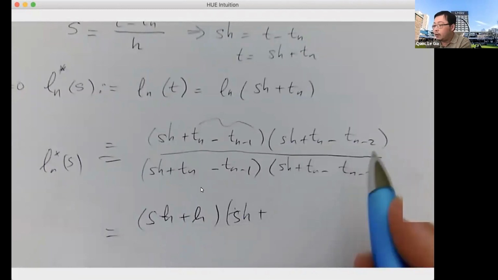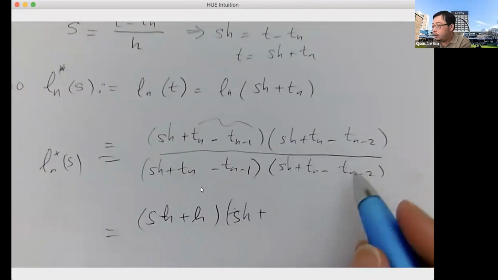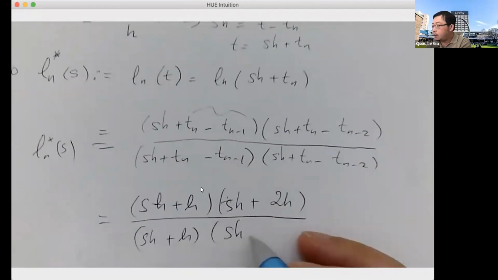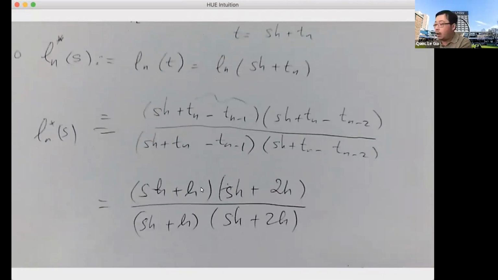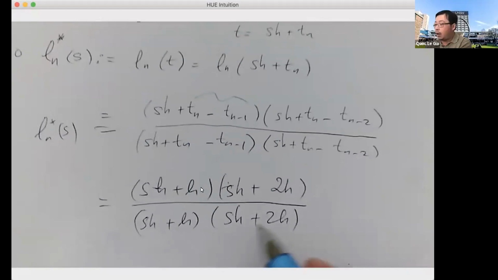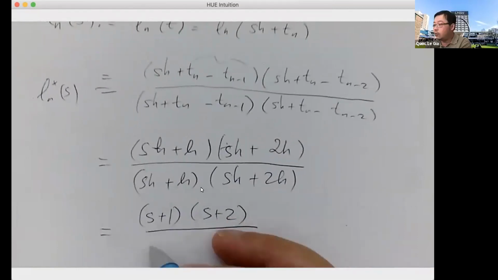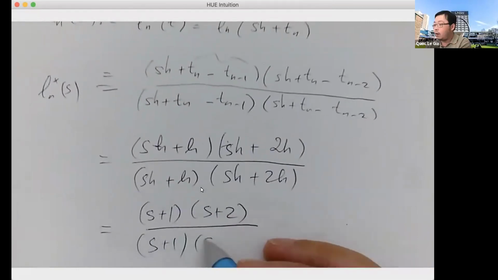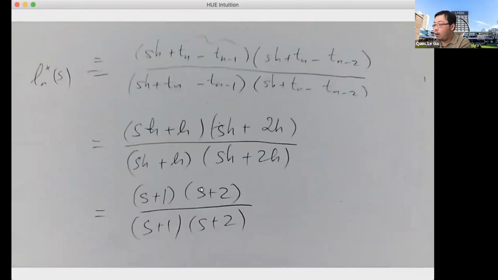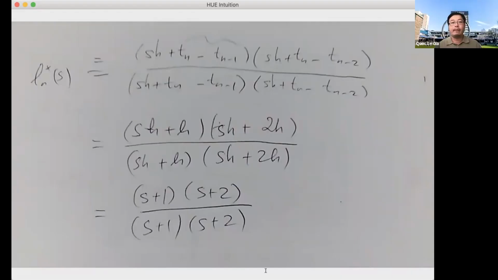Then this one is sh plus h, sh plus 2h. You simplify h, and then it will become (s+1)(s+2) over... s plus 1 over s plus 2. So that is exactly the function we saw here.